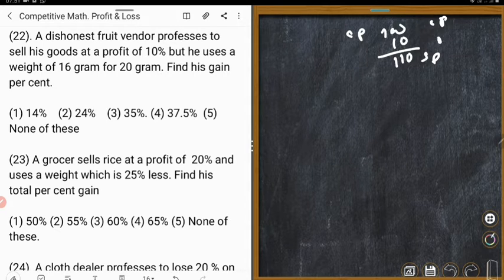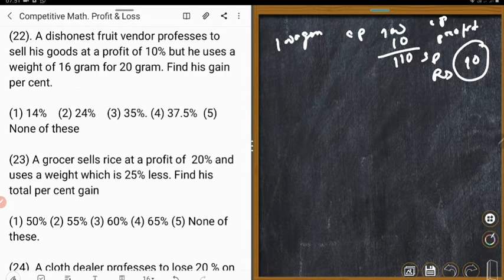Could you understand? Here he gets 10% for 1000 gram. In 1000 gram, he gets 10 rupees as a profit.